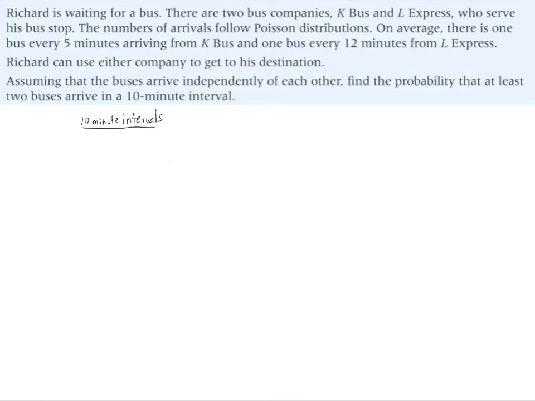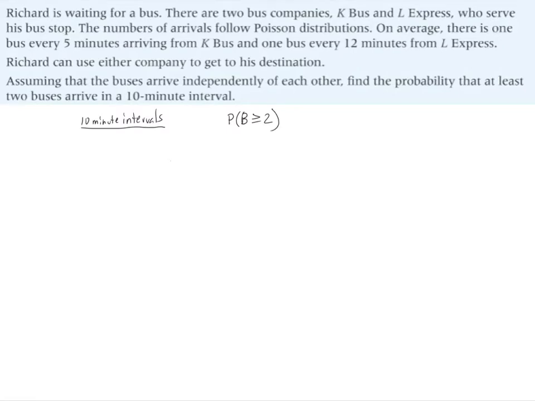All right, and we know we want to say that the probability of at least 2 buses, so the probability that the total number of buses is greater than or equal to 2, at least 2 buses.